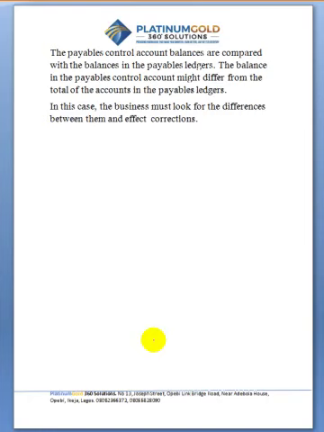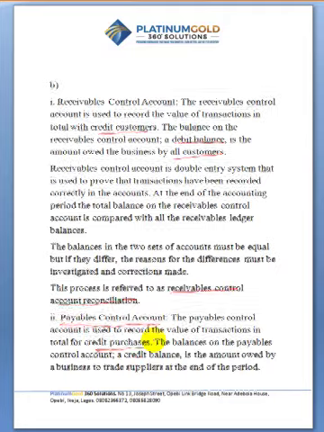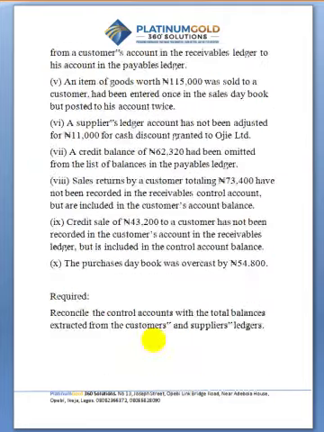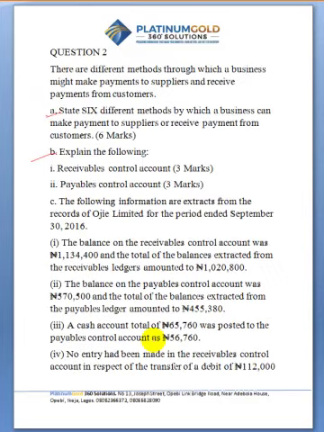So the balance in the payable control account might differ from the total of the accounts in the payable ledger. In this case too, the business must look for the differences between them and effect a correction. So let's go back to question C, where we are going to put reconciliation into action.